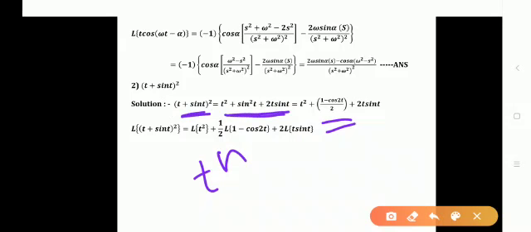Here we can find the Laplace transform of sin t and then we can apply multiplication by t property. So the Laplace transform of this term is nothing but the Laplace transform of the first term plus the Laplace transform of the second term. 1 by 2 is out of the Laplace operator, and in the third term 2 is a constant multiplier, so 2 into Laplace transform of t sin t.